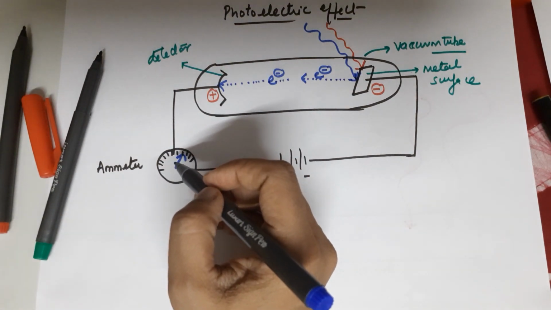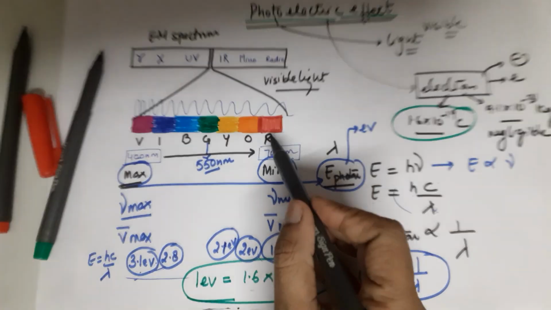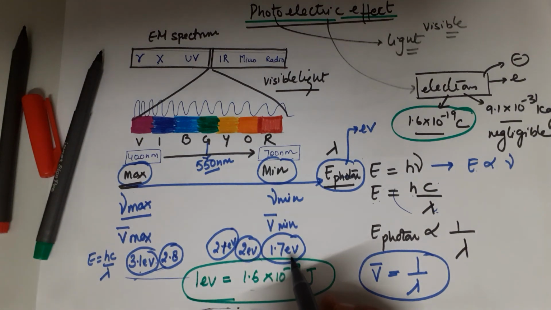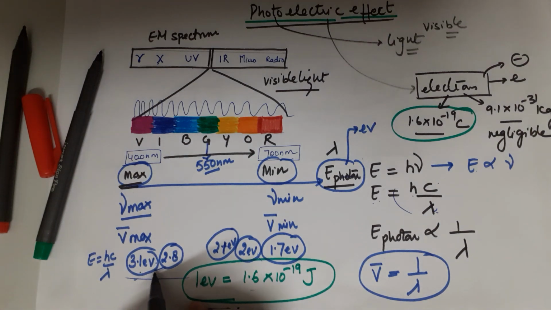Since no emitter reading was detected, we come back to the conclusion that red light's energy is minimum, 1.7 electron volts, while violet light's energy is maximum, 3.1 electron volts.